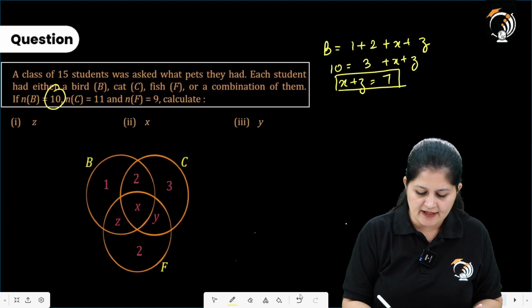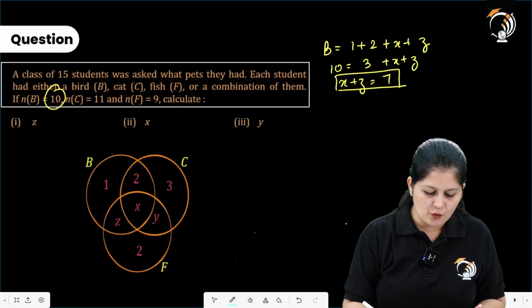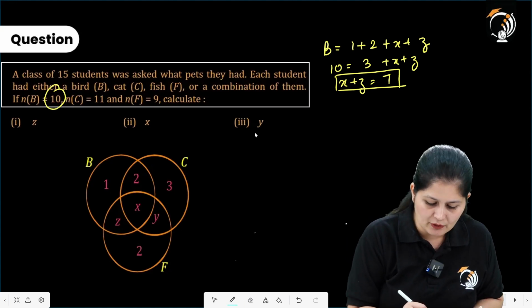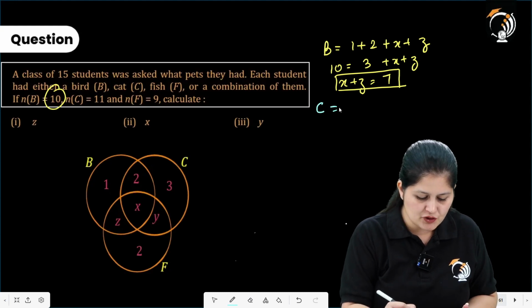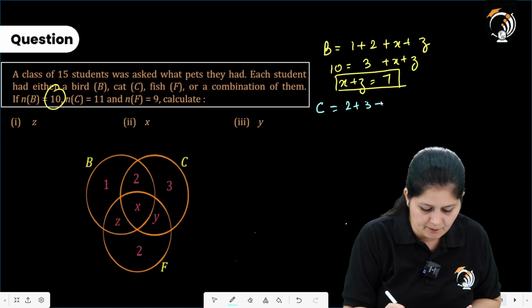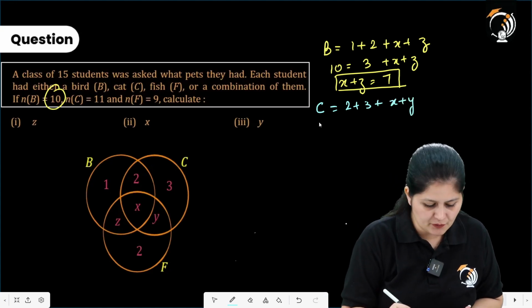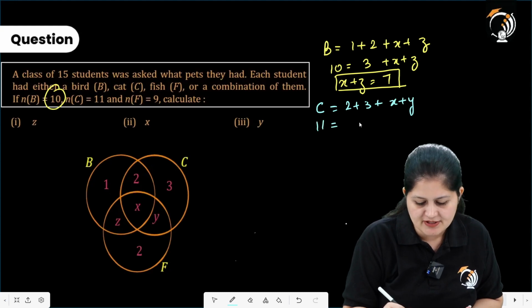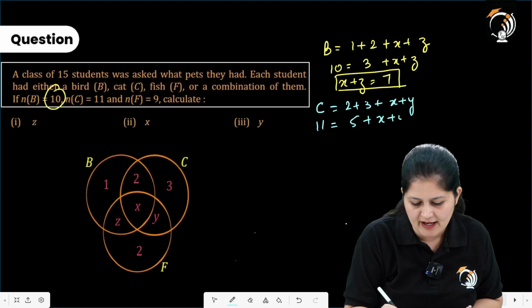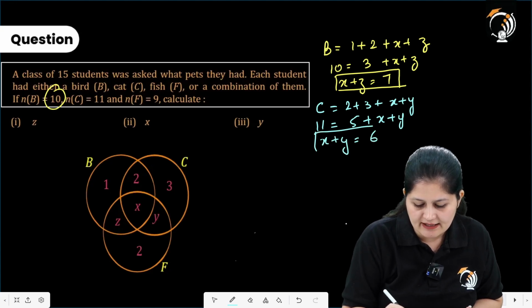Further, let's make the second equation, which goes for the cat. For cat, it is going to be 2 plus 3 plus x plus y. The number of cats is 11, so 11 is equal to 5 plus x plus y. That means we have got x plus y is equal to 6. That is the second equation.